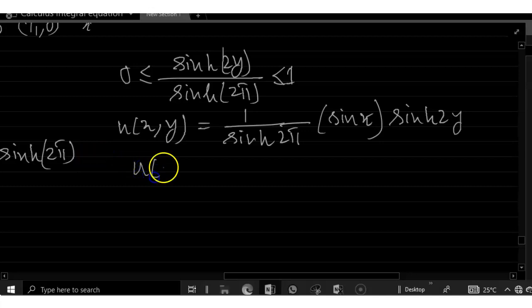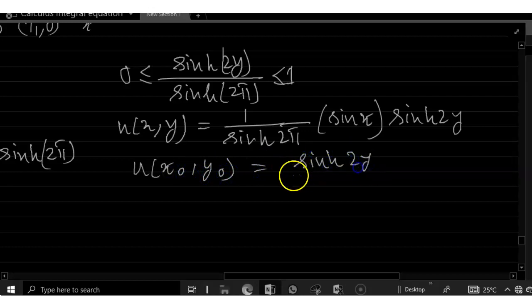Now initial value u(x, 0), u(x, pi) equals to sinh 2y divided by sinh 2 pi.